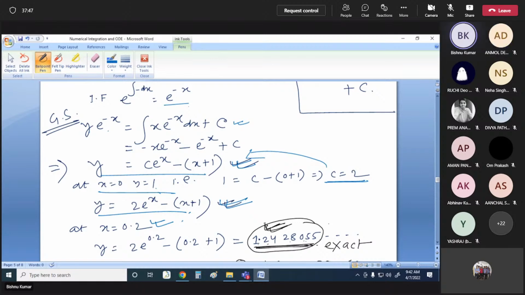Yes, sir. Okay, so if I write the recurrence relation of Euler's method, it looks like y_n equals y_(n-1) plus k, and that k is h f of x_(n-1), y_(n-1). Is it okay?